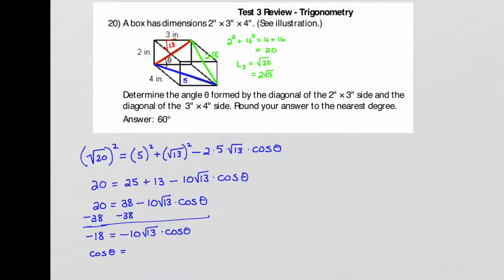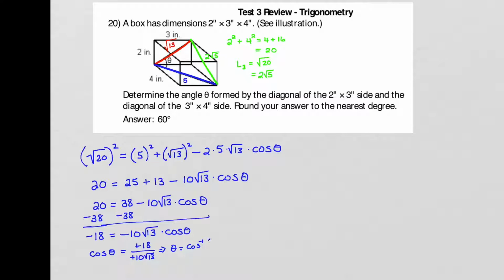And that means that cosine theta equals negative 18 over negative 10 square root of 13. Of course, those negatives cancel out. And I could do more simplifying, but I'm not going to worry too much about it because I really just want to know what theta is. So theta is then the cosine inverse of that expression.